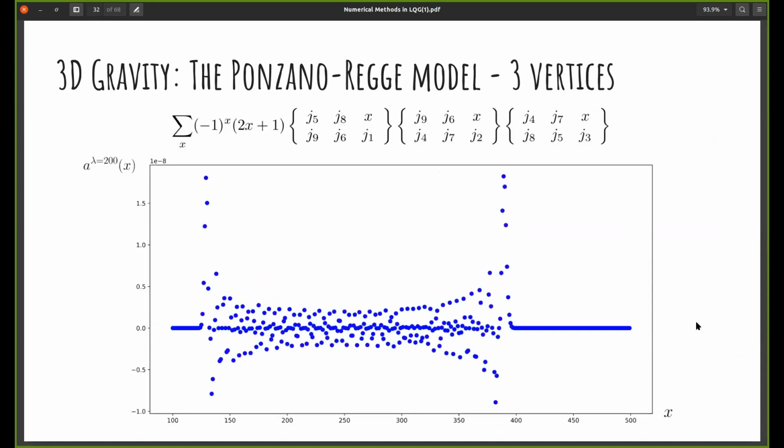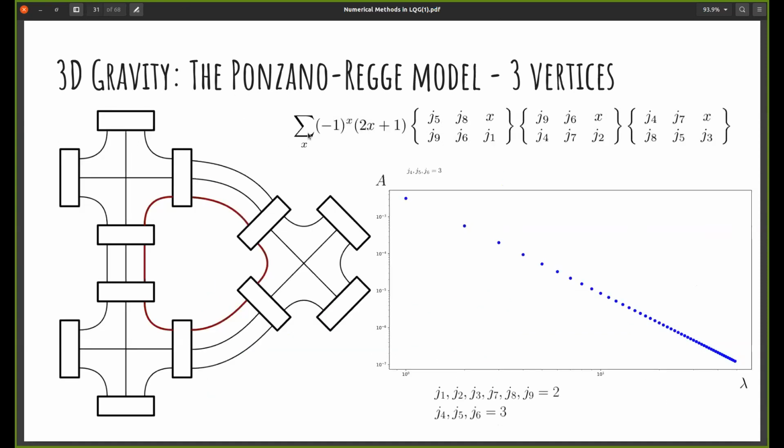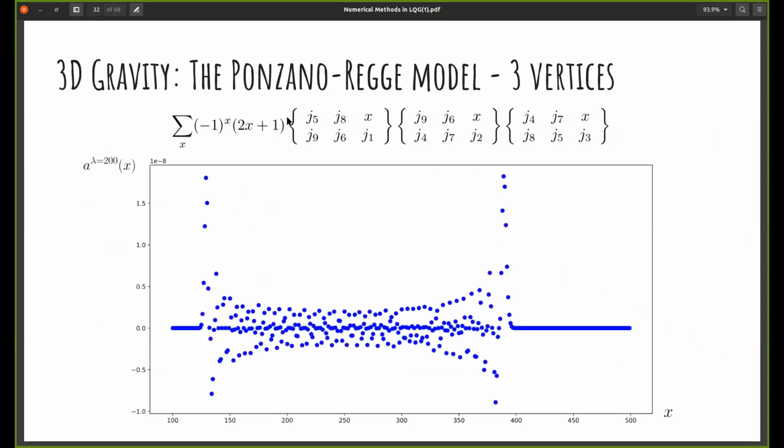Then the second question that you can ask yourself is, okay, now I know that there is a classical geometry that is dominating this spin foam amplitude, but I don't know to which bulk spin it corresponds. Is there a way to find it numerically? Once you know that such a classical geometry exists, the answer is yes.